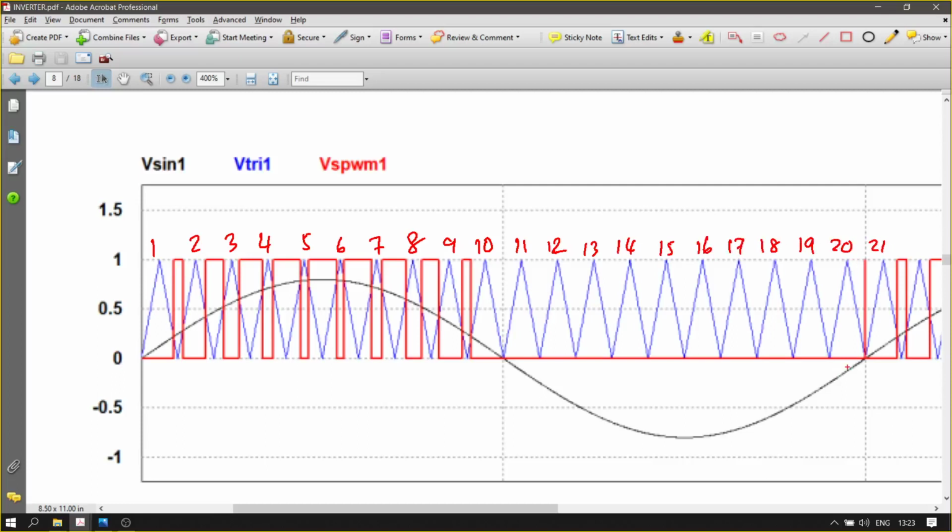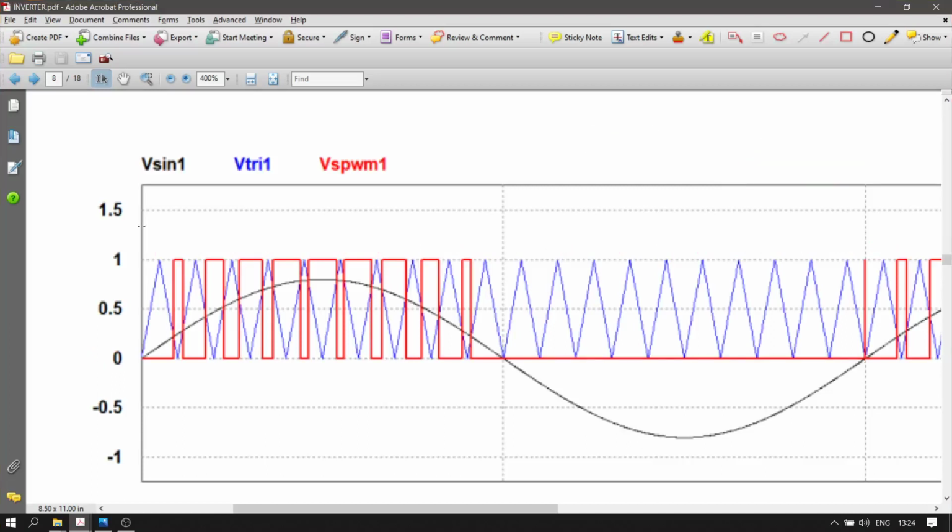Sorry, it ends up here. So you have 20. Your frequency ratio is 20. Therefore, your Fc is 20 times 50 Hertz, so it is 1000 Hertz. The Fc is 1000 Hertz.